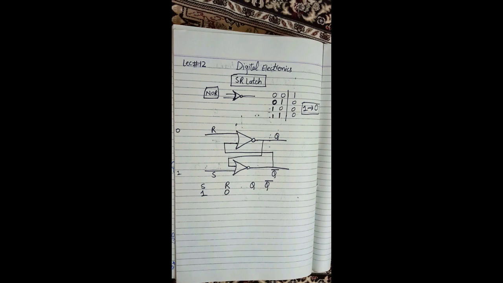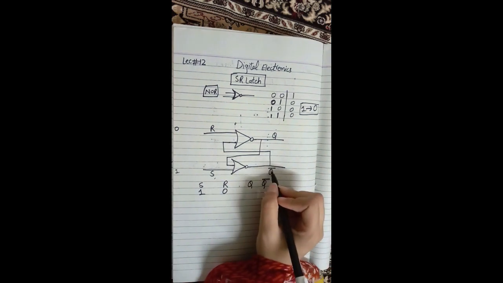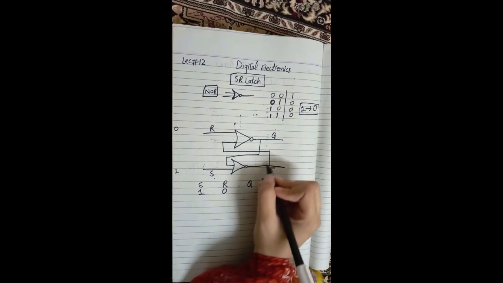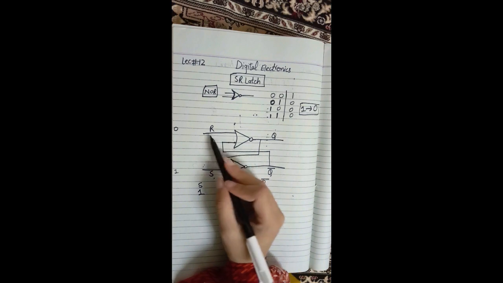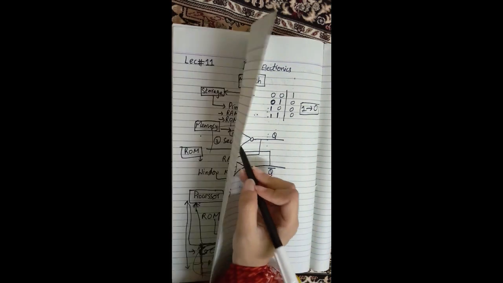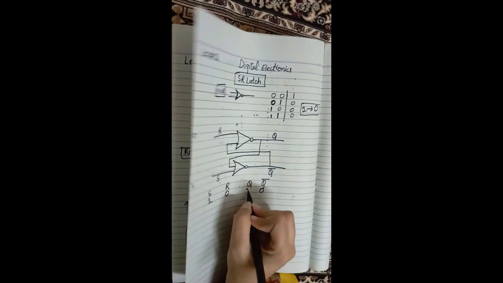So the output of the S gate, Q bar, is 0. It will be the input of the R gate along with R, which has its own value 0. Q bar is 0 and R is 0; 0 and 0 will give us 1. So it means Q is 1.